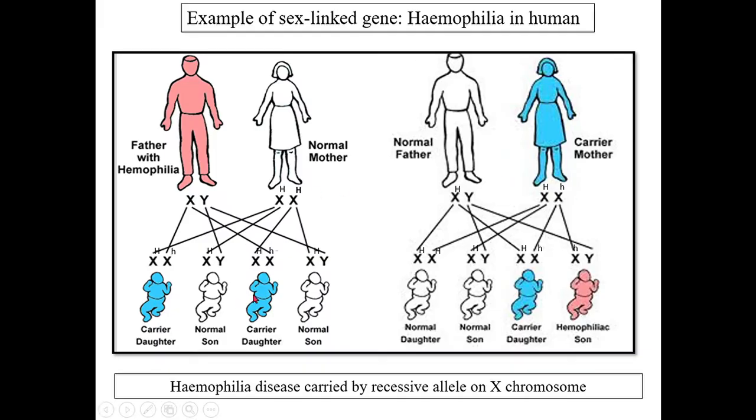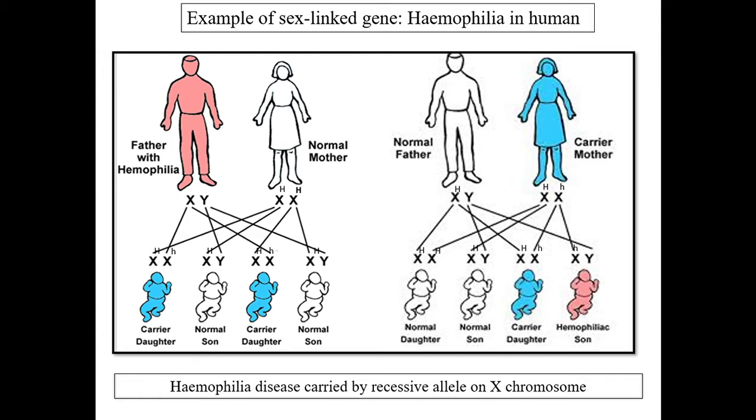So here we have genetic diagrams that show how hemophilia can be inherited in humans. Here we have two situations. The first one, we have a father with hemophilia married to a woman with a normal condition.